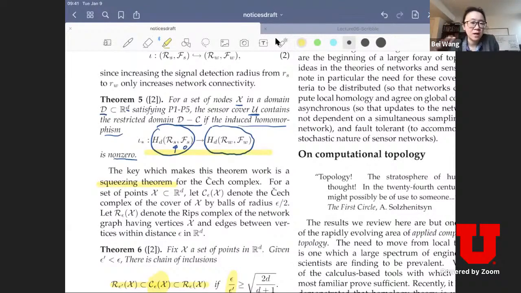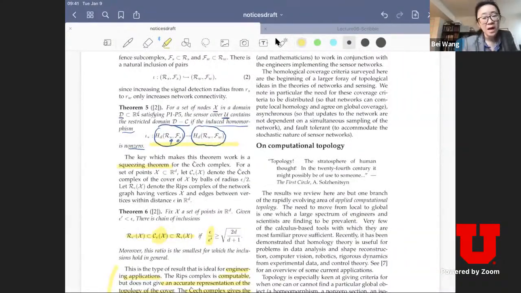But instead you say, okay, instead of fixing one single parameter, I'm going to look at the range of parameters and look at the persistence behavior of the structure over that range. That will be really nice for me to recover what is really underneath the process that generated the data. So we're going to see more examples as we go along, but that is a very important philosophy. And sensor network coverage has a flavor of that.